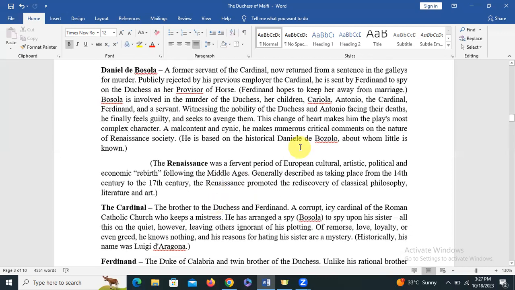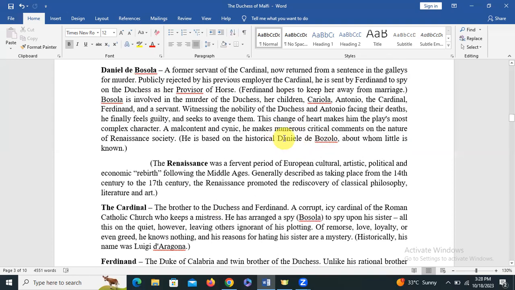Here again, I have written that he is based on the historical Daniel de Bosola, about whom little is known. As I told you, the story of the Duchess has been taken from a real Duchess of Amalfi. So real people existed there.